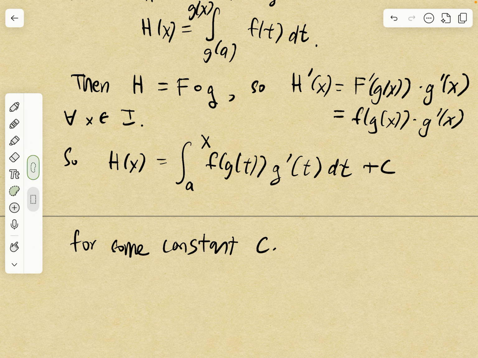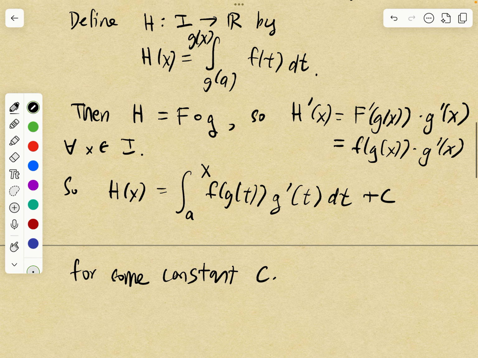Because the derivative of this function, by the fundamental theorem of calculus, is just equal to little f of g of x times g prime of x. So these two functions have the same derivative, and therefore the difference must be a constant.